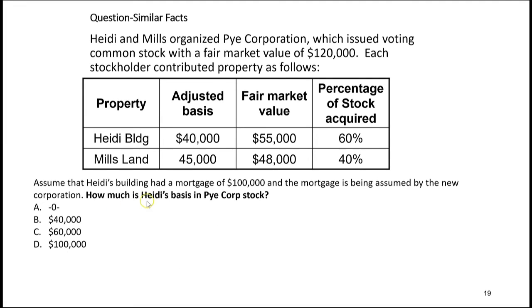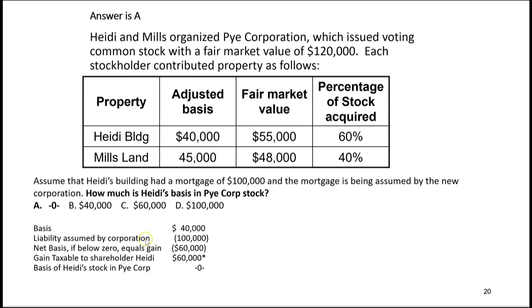All right, similar facts. How much is Heidi's basis in Pi Corp stock? So she's contributing the building, basis of 40, mortgage of 100,000, and she wants stock in the new corporation. She gets her stock, she gets rid of that big mortgage. How much is her basis in Pi Corp stock? Well, how do we start it? Same way, we say the basis is 40,000. We subtract the liability assumed by the corporation. She gets debt relief, right, of 100,000.